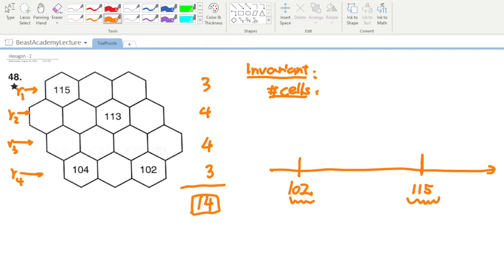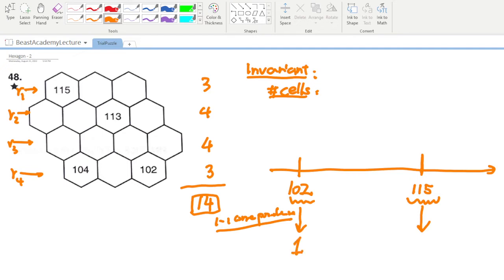How do we convert? One-to-one correspondence, right? How do we do this one-to-one correspondence? We want to convert 102 to 1, right?